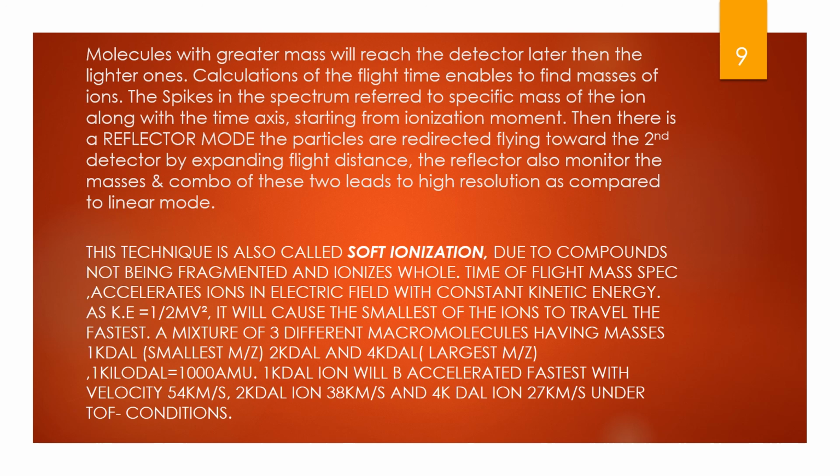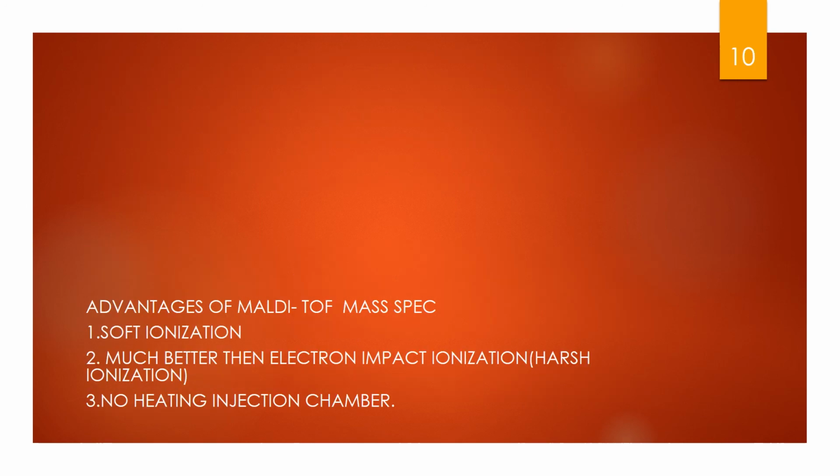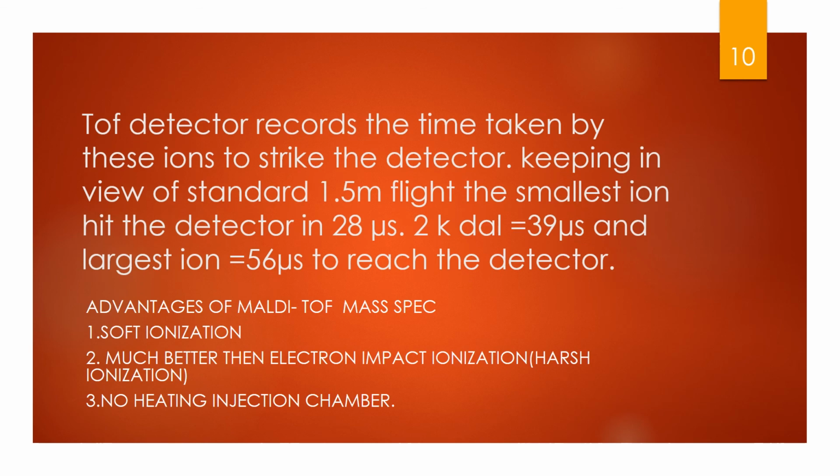The 2 kilodalton ion will be accelerated at 38 kilometers per second, and the 4 kilodalton ion at 27 kilometers per second under TOF conditions. The TOF detector records the time taken by these ions to strike the detector. For a standard 1.5 meter flight, the smallest ion hits the detector in 28 microseconds, the 2 kilodalton ion at about 39 microseconds, and the largest ion at about 56 microseconds.